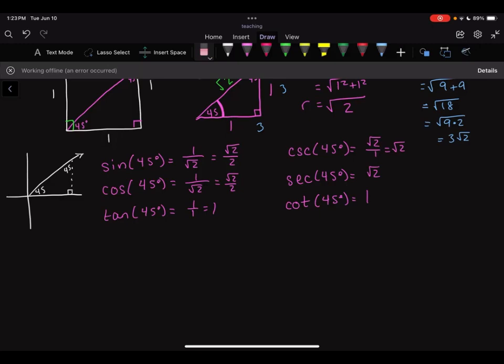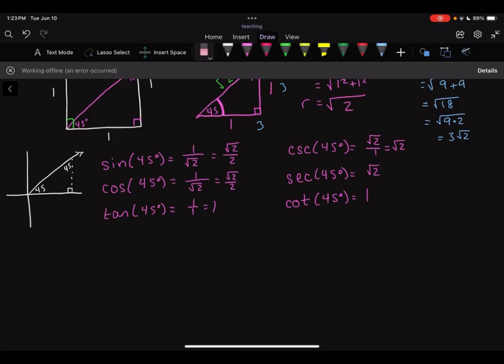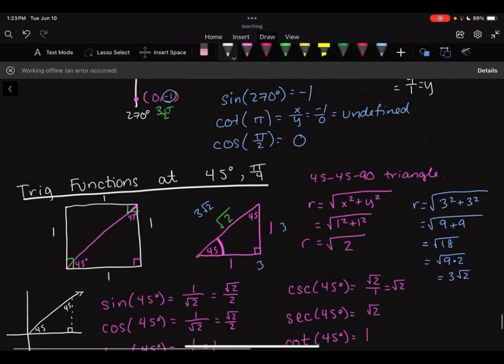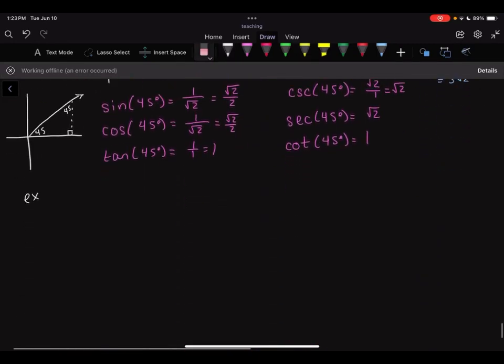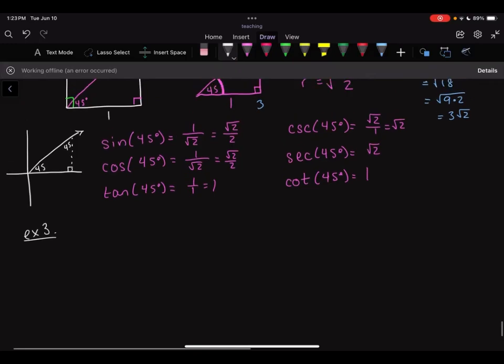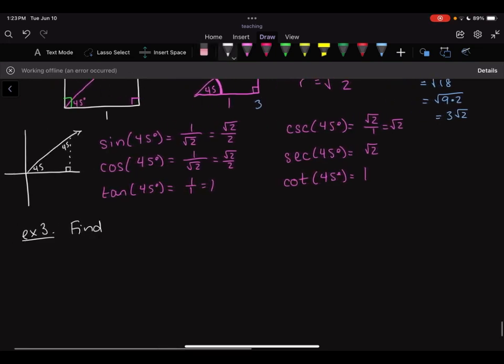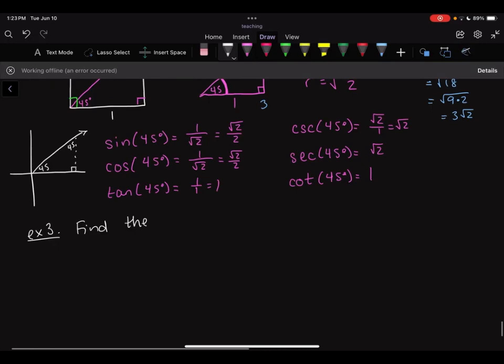Okay, so let's look at, I don't know what example number this is in this section. I think we're on 3. We're on 3. So we're going to find the exact value of some angles. So we're going to say find the exact value of the following.